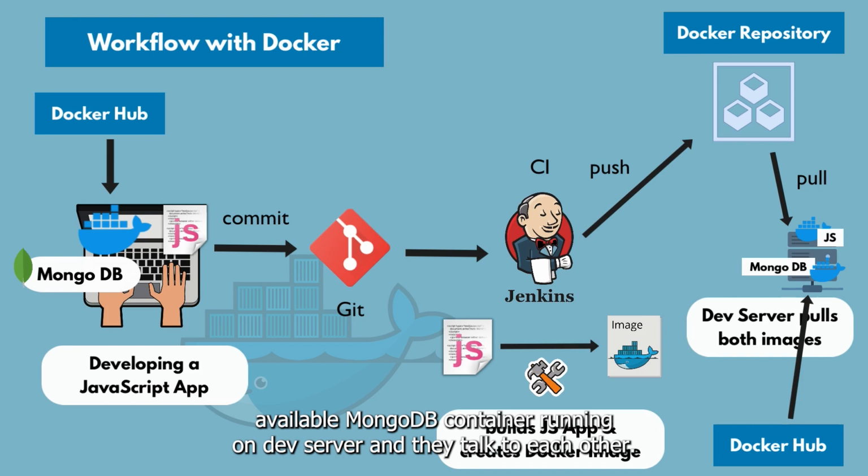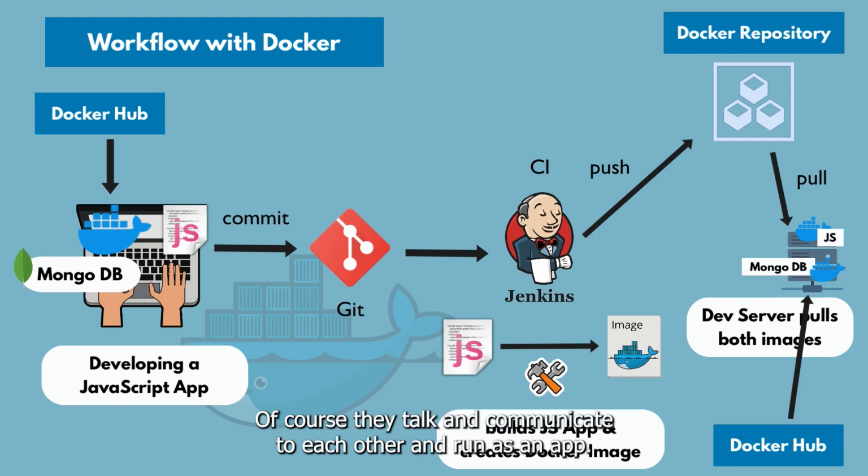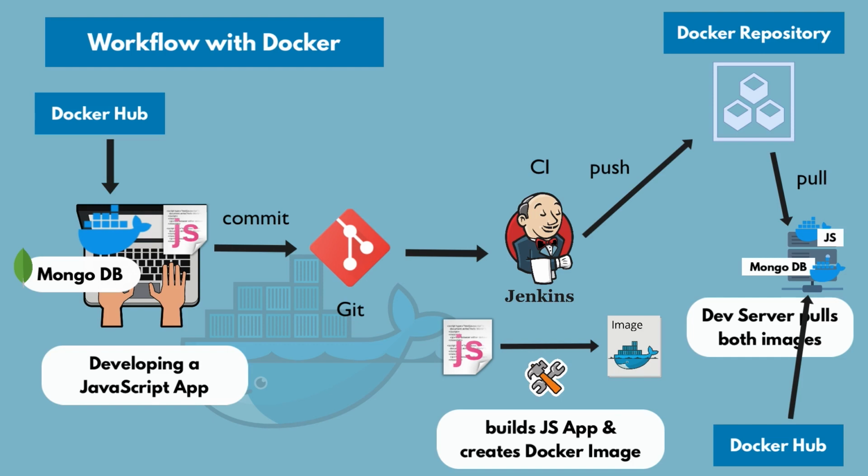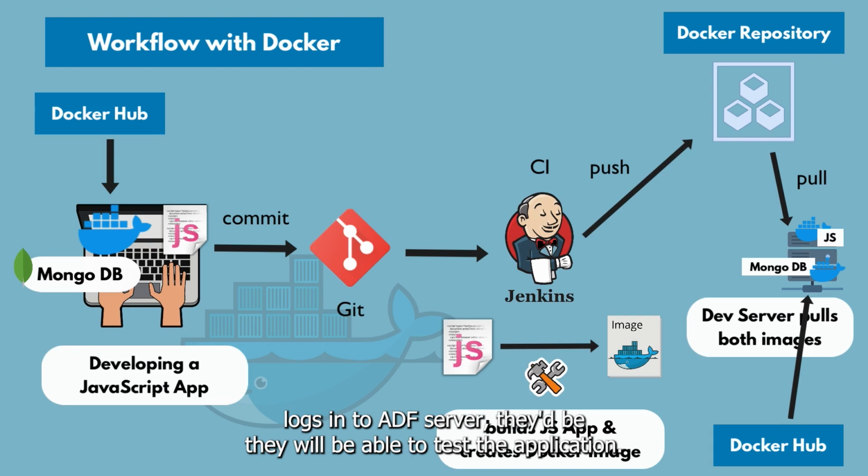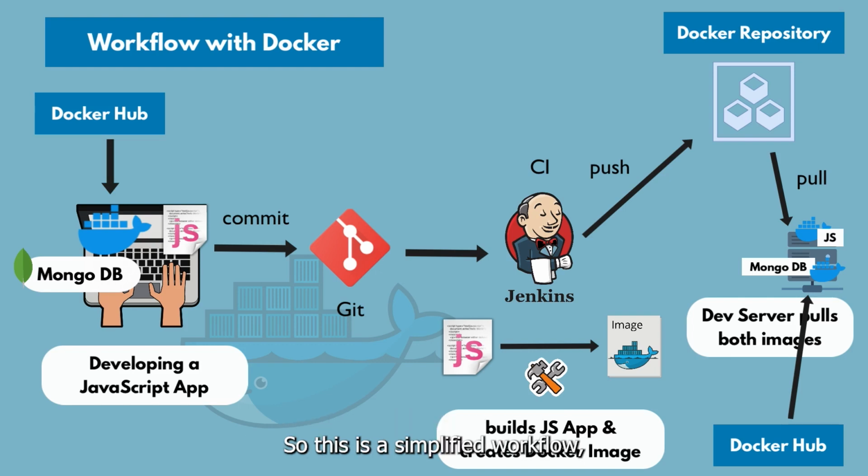And they talk to each other. You have to configure it, of course. They communicate with each other and run as an app. So now if a tester, for example, or another developer logs in to the dev server, they will be able to test the application. So this is a simplified workflow of how Docker will work in a real-life development process. In the next videos, I'm going to show you a hands-on demo of how to actually do all of this in practice.